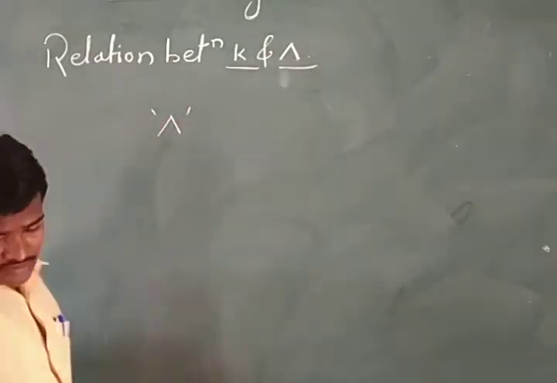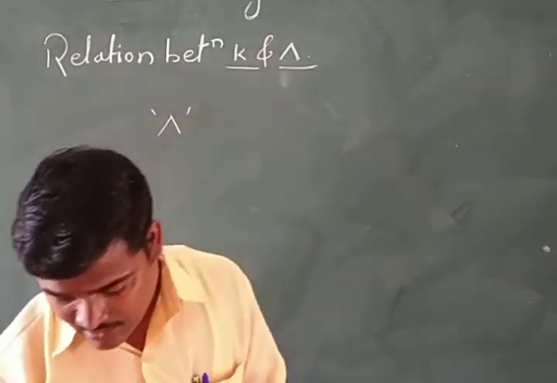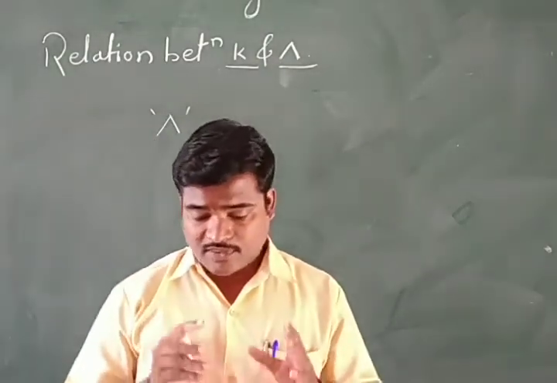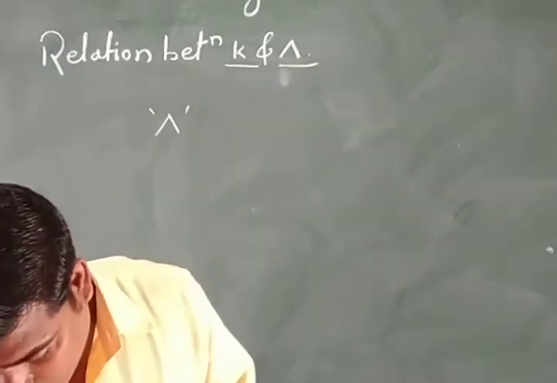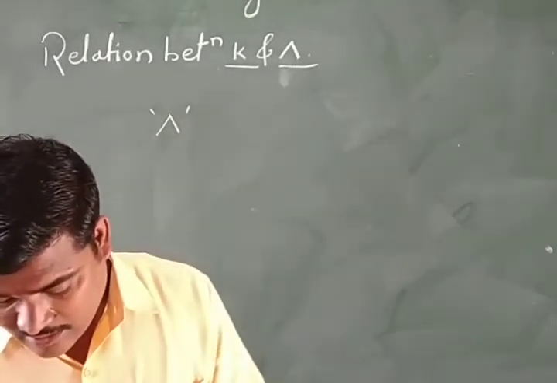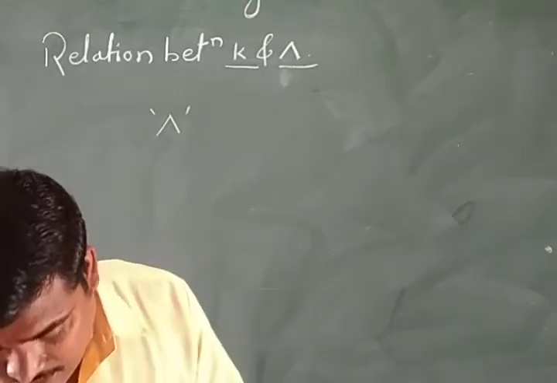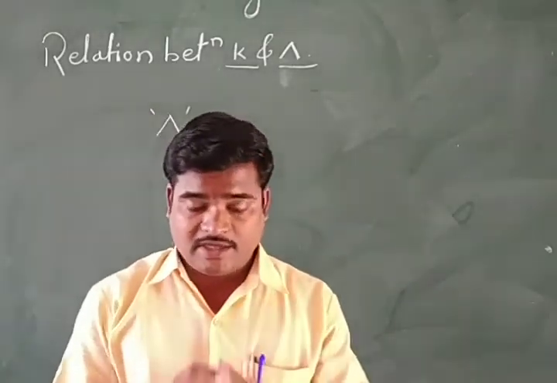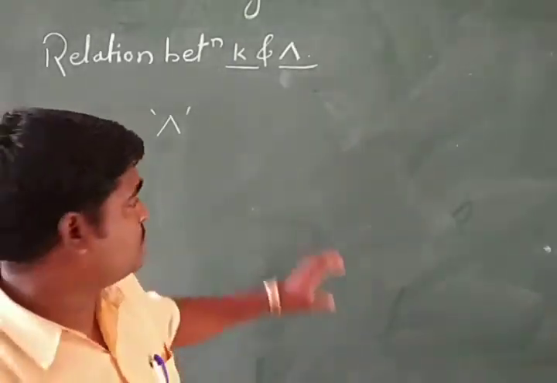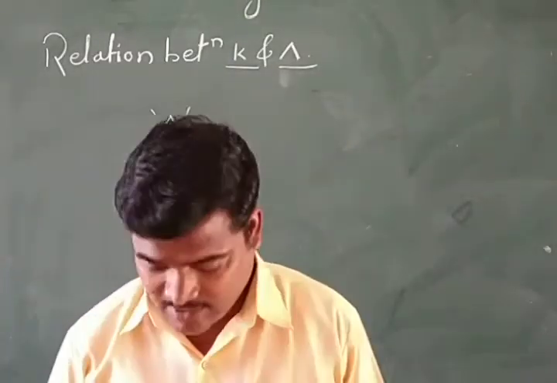This is nothing but what we can say lambda. It means if V is the volume of solution in cm cube containing an electrolyte, then for 1 mole of dissolved electrolyte we can consider its electrical conductance to be lambda.